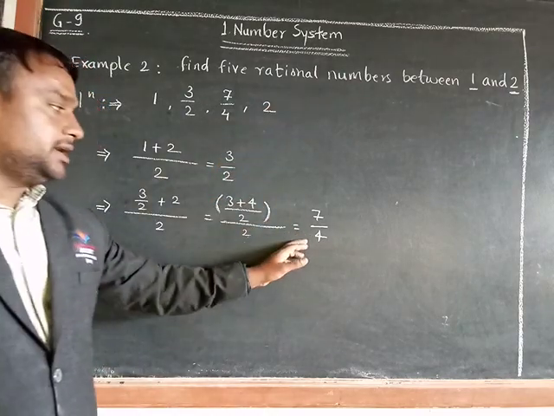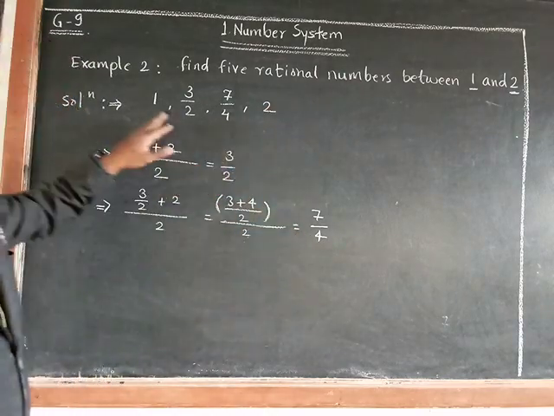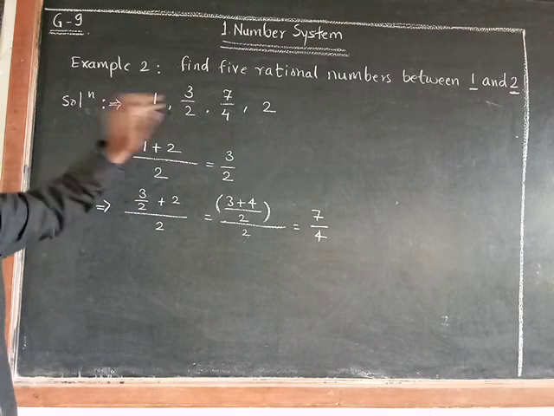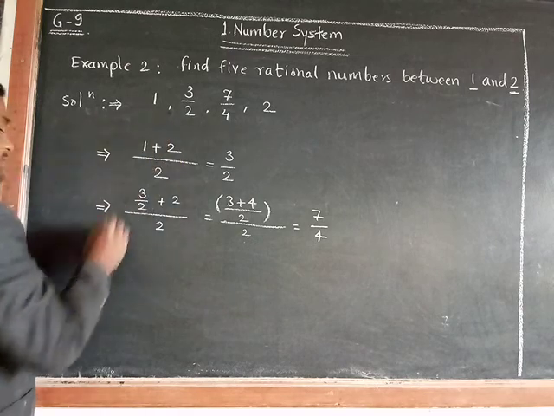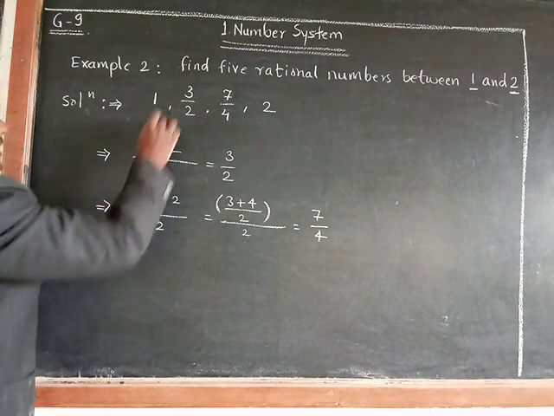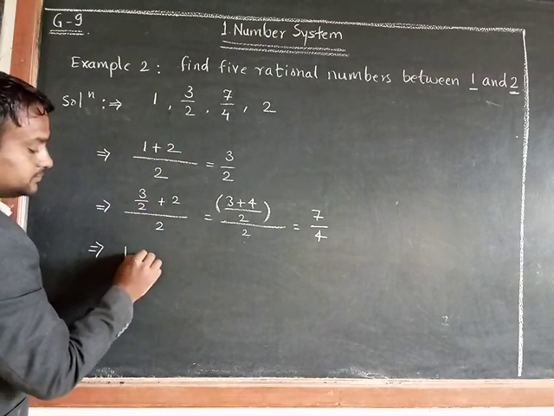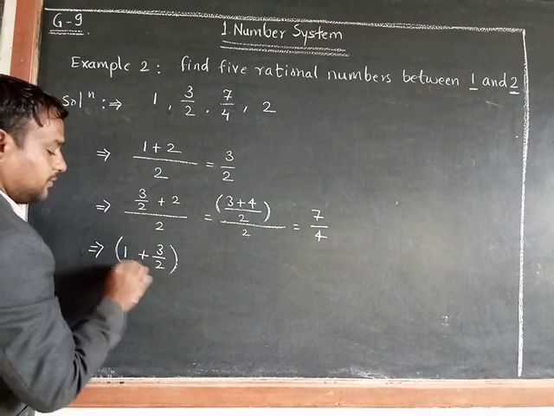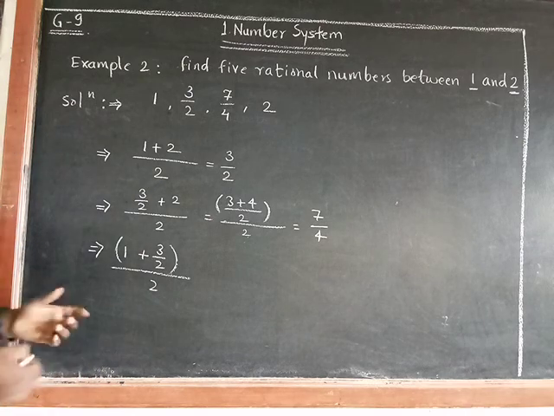By this method, we can add any two numbers and find more numbers between those two numbers. So again let's find one more number: 1 plus 3 upon 2, and the whole divided by 2.